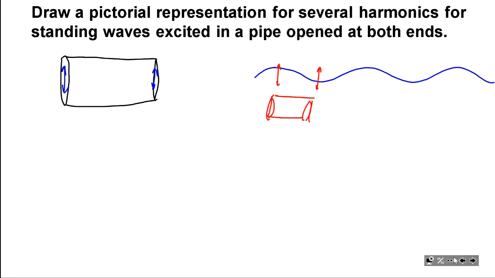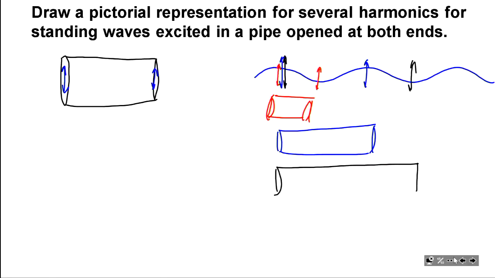There is another situation when we have two antinodes fit inside the pipe in such a way so each end has an antinode, a maximum of intensity. There is another situation when we have antinode and another antinode, and again we have a stable standing wave generated in this pipe.